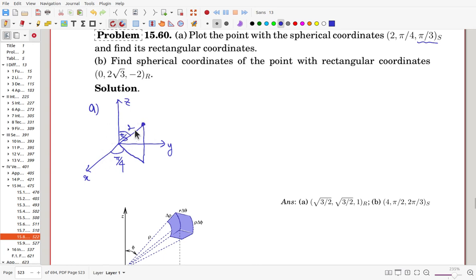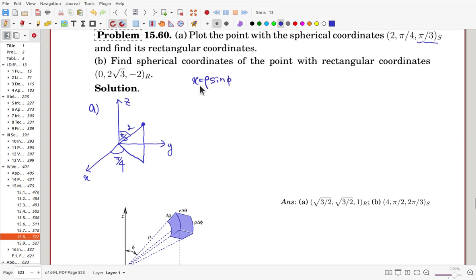So we can find the rectangular coordinates. Let's write the formula again. x is rho. In fact, it is r cosine theta, but r is rho sine phi.